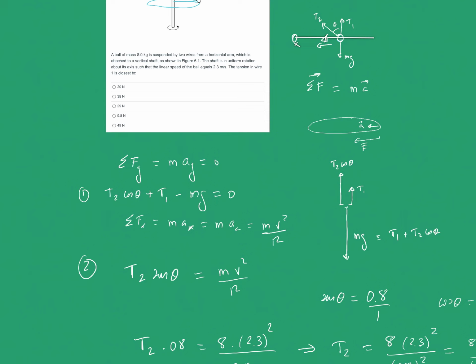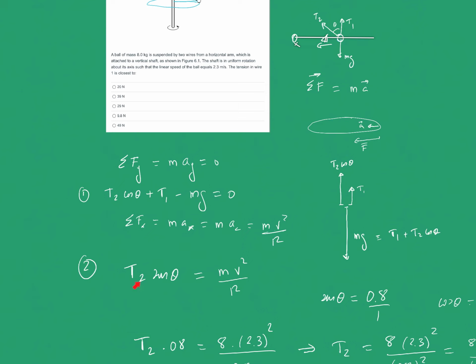So if I write Newton's equation for the x direction, the force that I will have in the x direction will be T2 sine of theta. T2 sine of theta is the one that provides the acceleration in the x direction.